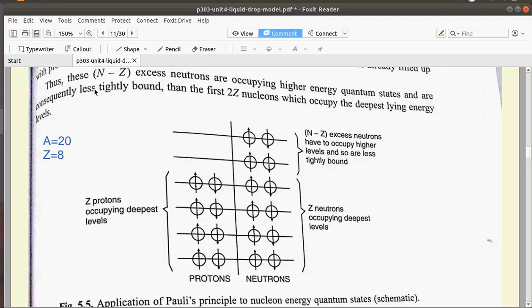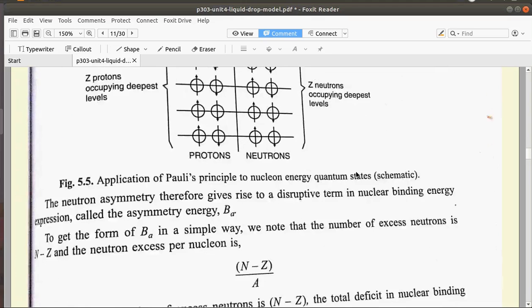As a result, they are less tightly bound than the first two Z nucleons. So this is Z and this is Z, so this whole number is 2Z. Beyond the first two Z nucleons, the other nucleons that are left are occupying higher excited quantum states, and hence are less tightly bound.